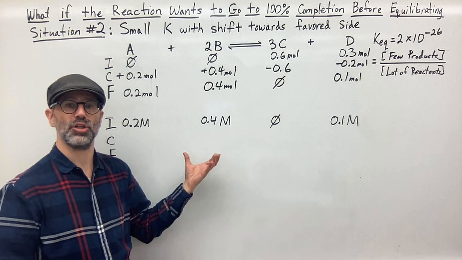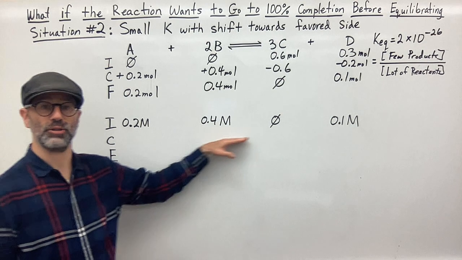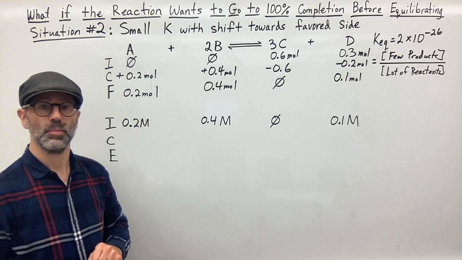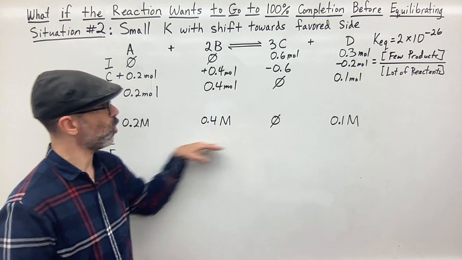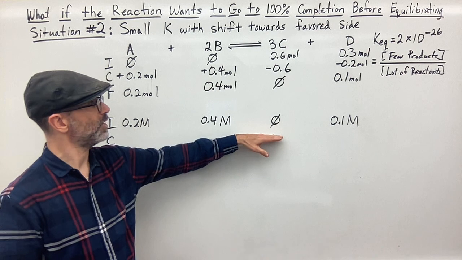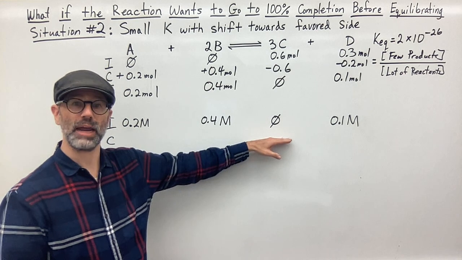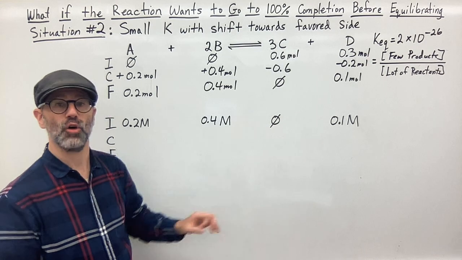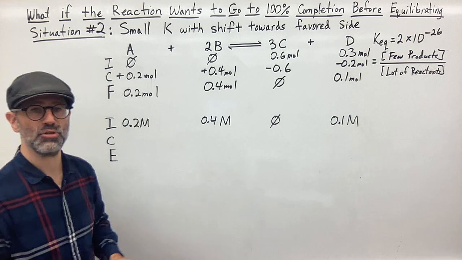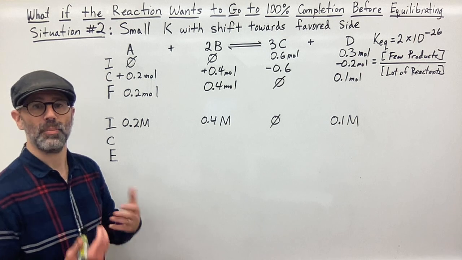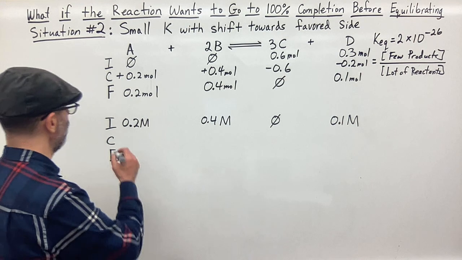If you do your Q calculation, you'll get 0 for Q, which will tell you that it's going to shift towards products. So it's going to shift away from the favored side. Now that it's shifting away from the favored side, you know that it's going to shift a little tiny bit. So now you can do the x is small approximation. You can neglect x.